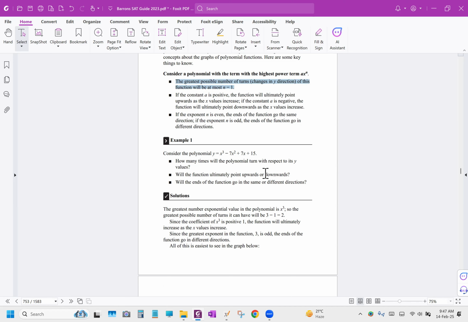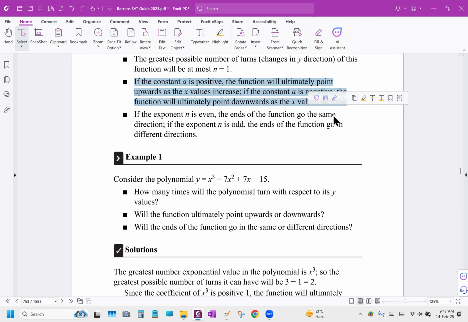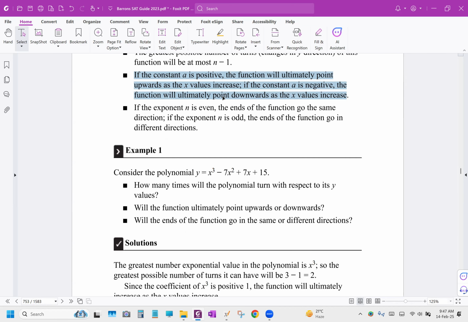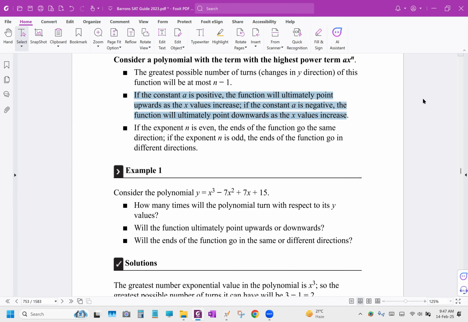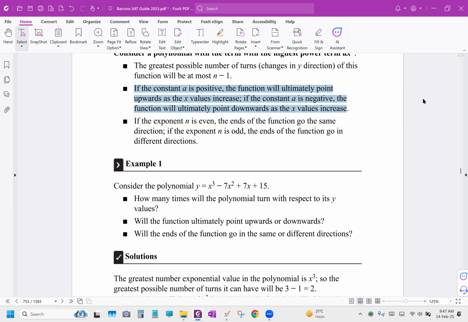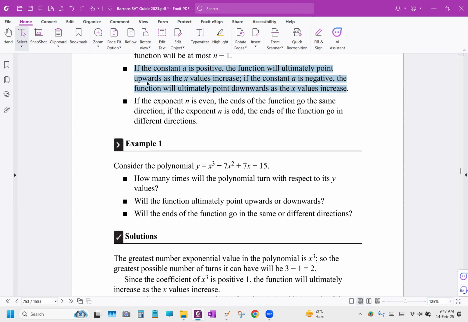Will the function ultimately point in the upwards or downwards direction? If the constant a is positive, the function will ultimately point upward as the x values increase. a is basically the coefficient of the highest exponent term, the highest power term, or degree term, or whatever you are interested to call it.